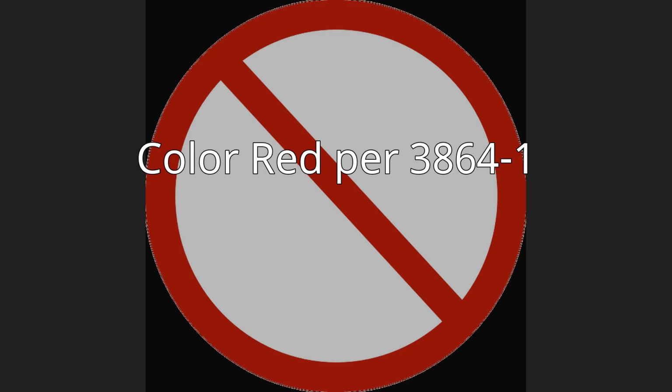Color red per ISO 3864-1. The standard defines the range of CIE xy chromaticity coordinates for the color red to be used, relative to the CIE 1931 2-degree standard observer.